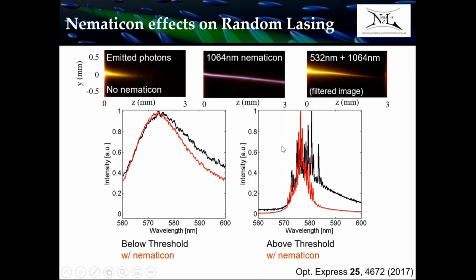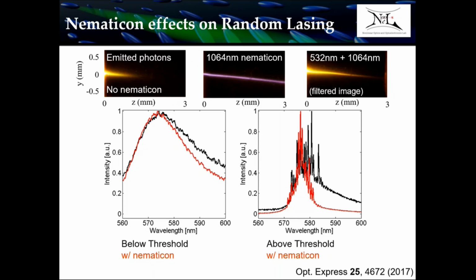And then if we look at the other characteristics of this random laser, you can see at the top left there is a photograph of the random laser and the emitted photons without nematicons. So this is green light pumping the cell. Light is emitted upon lasing in this random fashion in the visible, but then it diffracts because there is no waveguide. In the center, you see a photograph of the near-infrared nematicon at 106 microns.